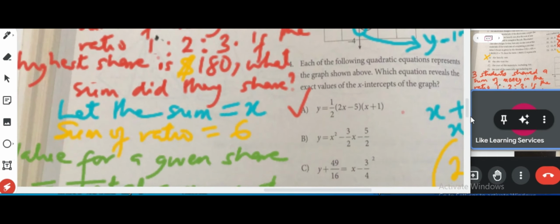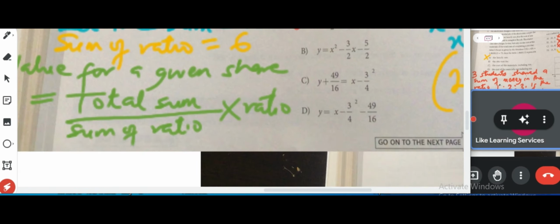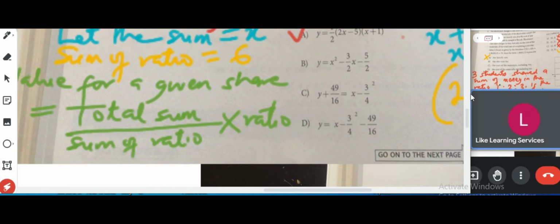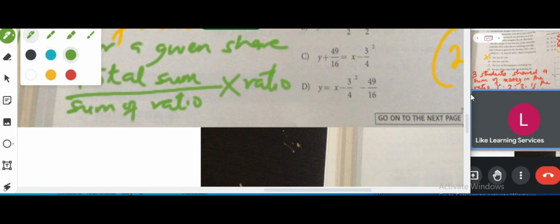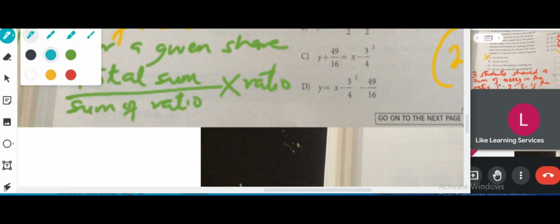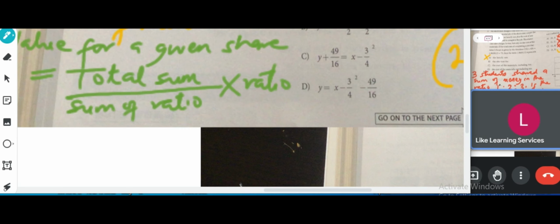Okay, so total sum divided by sum of ratio times ratio. And we have called the total sum x. So here I will simply do x. What I'm doing is not difficult.